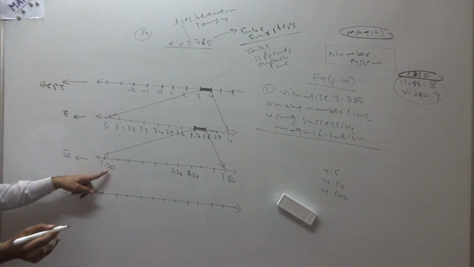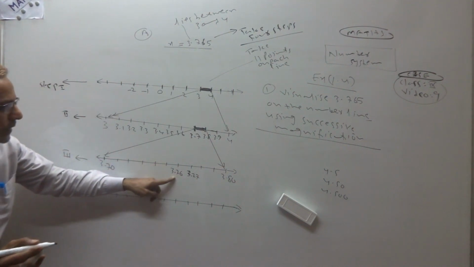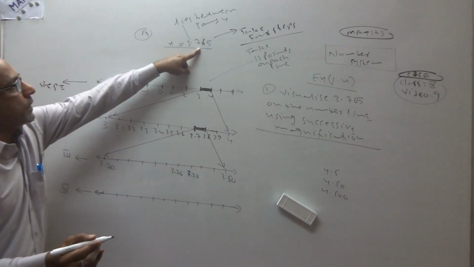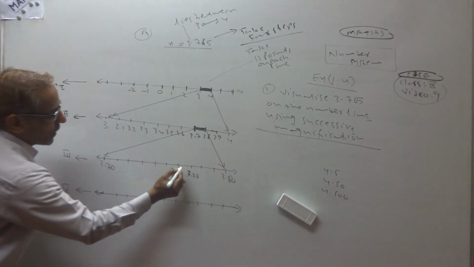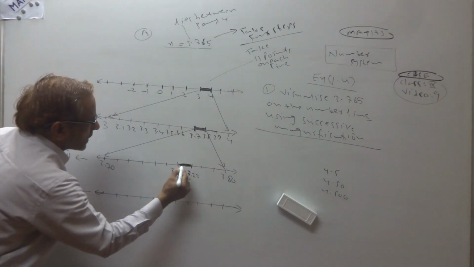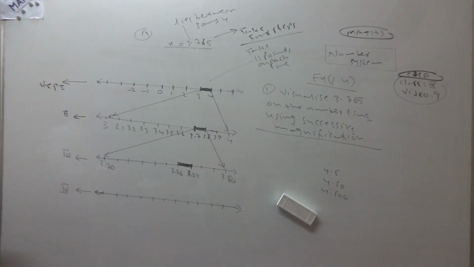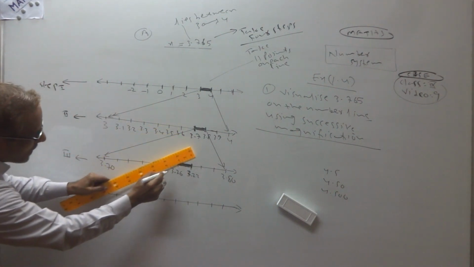See, after 70, 71, 72, 73, 74, 75, 76. 76 is there. You take 76, 77. That's all. Highlight this. Again highlight this. Got? Now you write 3.76 here.